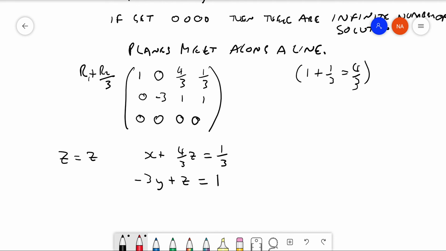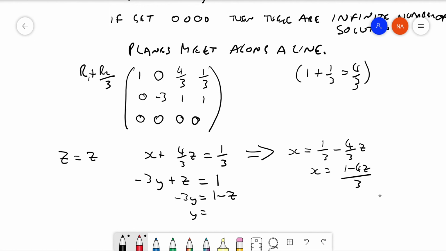But Z can be anything, and because I've got zeros in my Z column, I don't know anything about that. First, from this one, I can say that X equals 1/3 minus 4/3 Z, or X equals 1 minus 4Z over 3. From this second one, I get that minus 3y equals 1 minus Z, y equals 1 minus Z over minus 3, which is equal to Z minus 1 over 3.